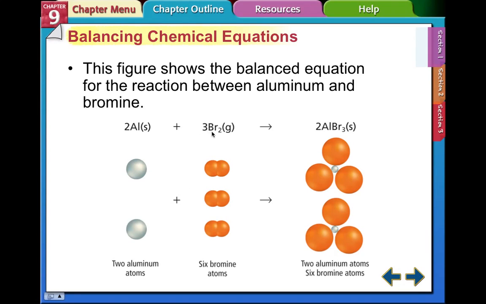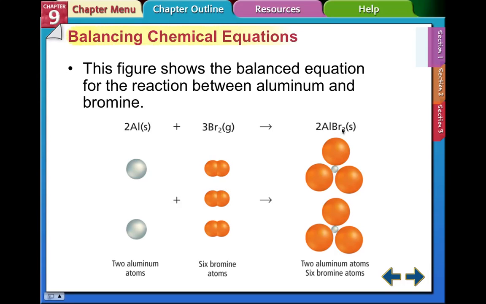So if we add a 3 in front of the bromine, you have to multiply these together, that gives us a total of 6. We have 3 bromines over here, so we have to add a 2. And you cannot put the 2 in the middle, it has to go in front of the whole chemical compound. So now we have 6 bromines, 6 here and 6 here.